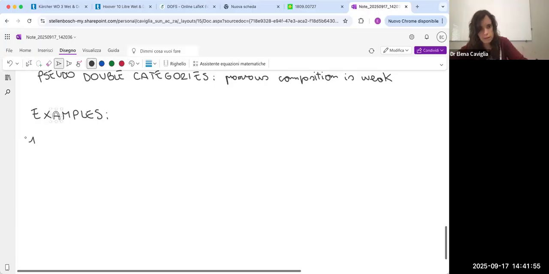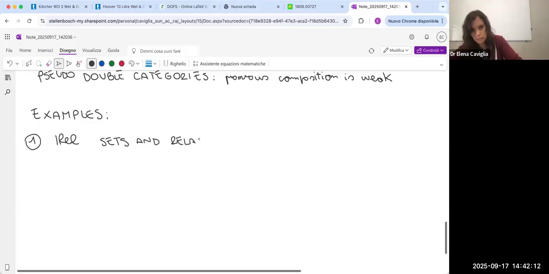So our first example is the double category called Rel. So it's the double category of sets and relations. So now our objects are sets.